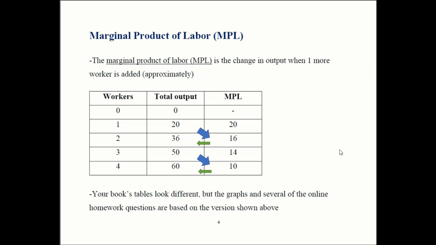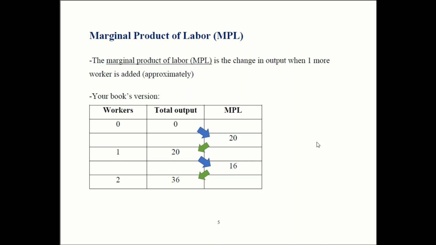Your book's tables look a little bit different. However, some of the SmartWork and the Blackboard homework problems are going to look more like this one here. So that's why I'm presenting it while mainly focusing on this format. Here's the format your book uses for comparison. What they do is put the MPL in between the number of workers.